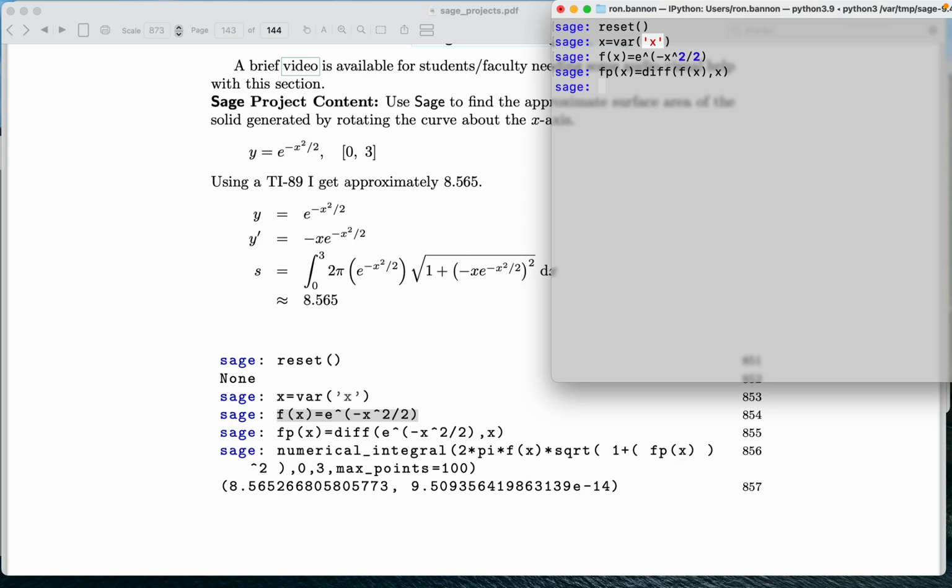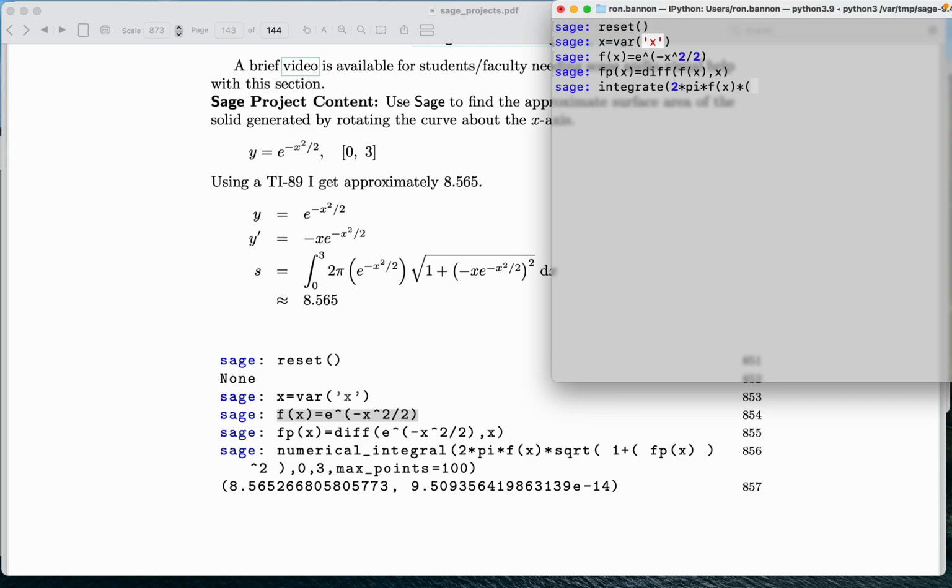Now, by the way, I'm not going to use numerical integral. I want to show you what happens. I'm going to integrate. And what am I going to integrate? I'm going to integrate this: 2 star pi star f of x star. I'm using the formula that I was taught in Math 122.